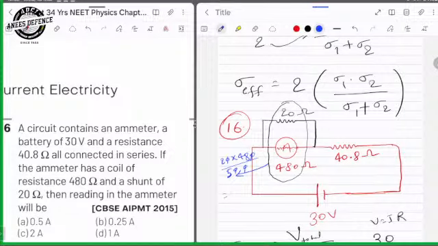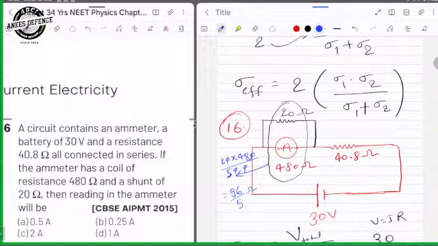48 into 2 is 96 upon 5 ohm. Yes or no? Clear?